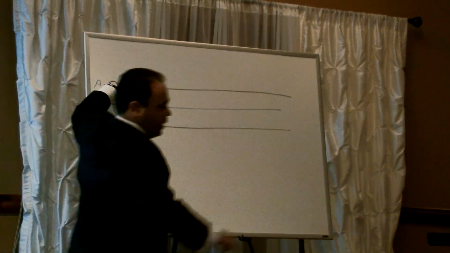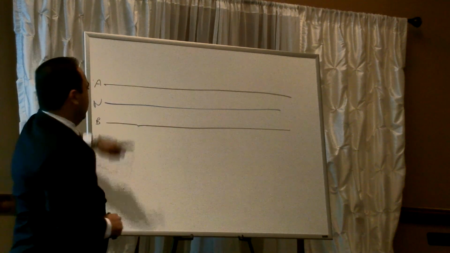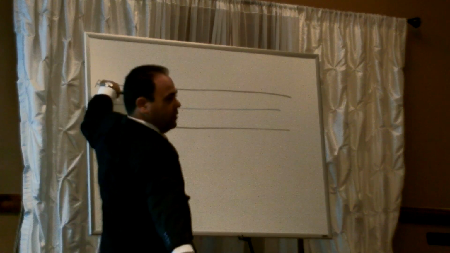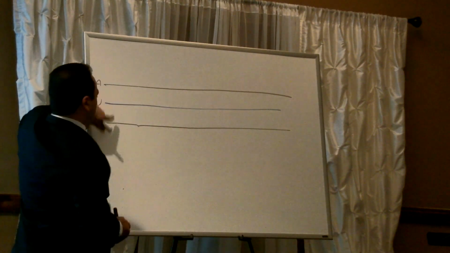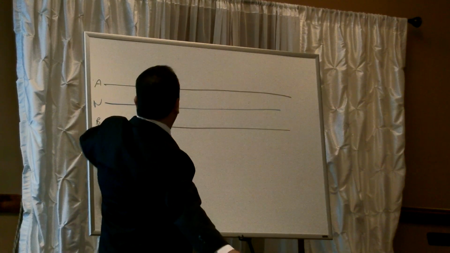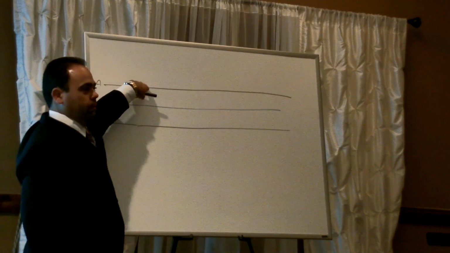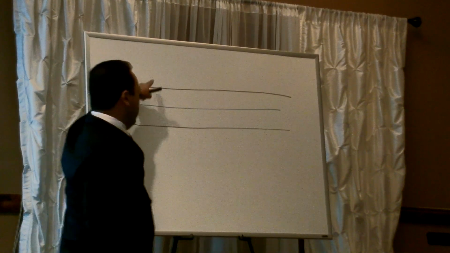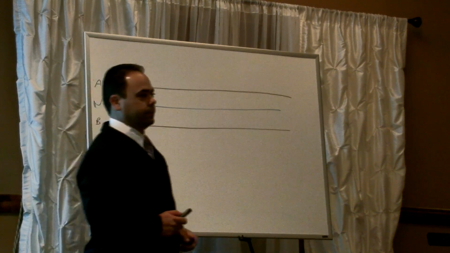Or I need A and ground, because essentially neutral is a grounded conductor, right? So I need A and ground to get a shock, or the box, right? Or I need B and ground, which would be the box, or A and neutral. If I just touch A, there's no voltage there. It's not voltage on alternating current until I touch the other side or I touch the ground, okay?